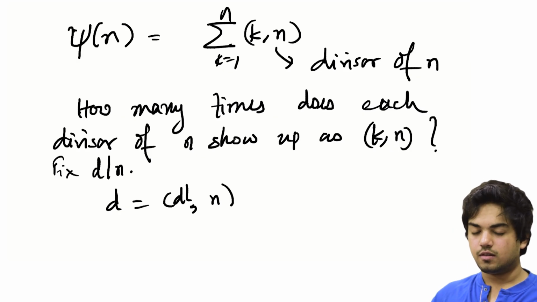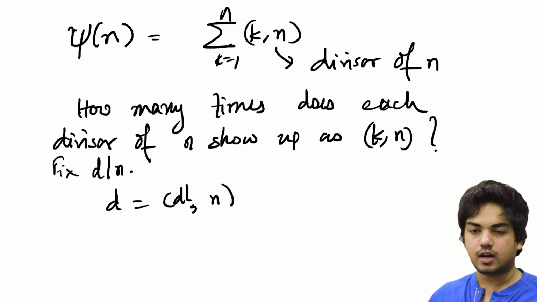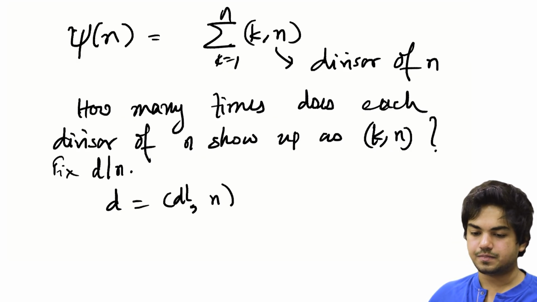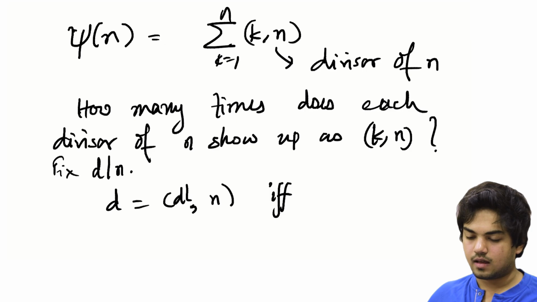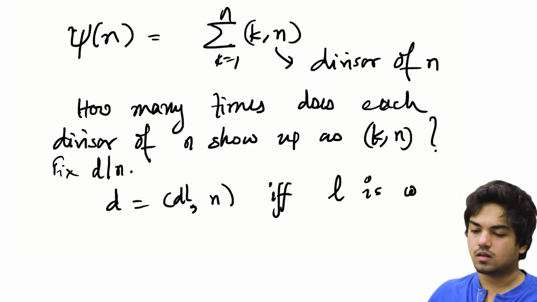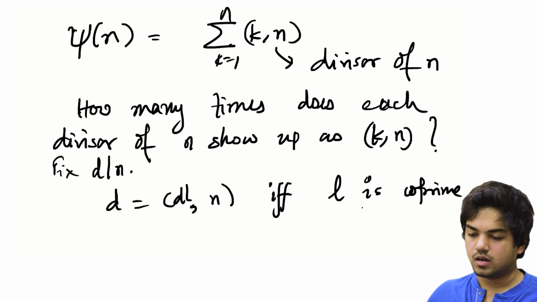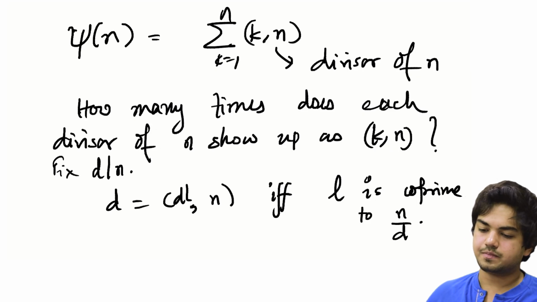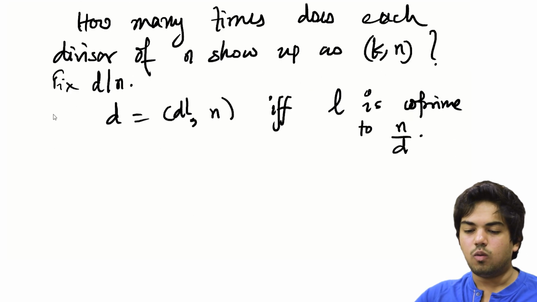So without getting too bogged down in technicalities, I will say that this can only happen if and only if L is coprime to n by d. Why is this?